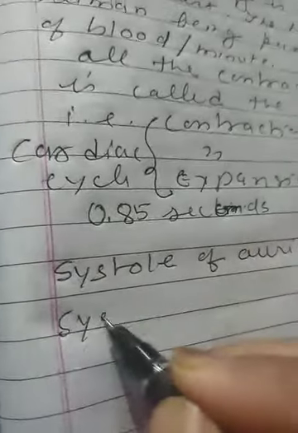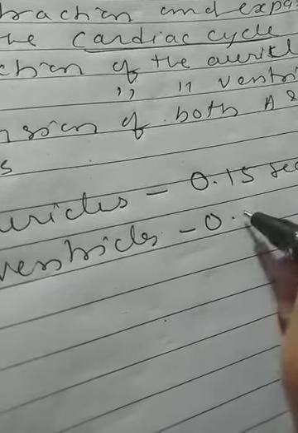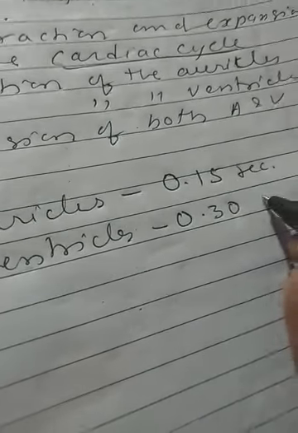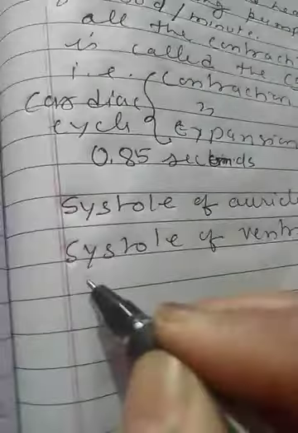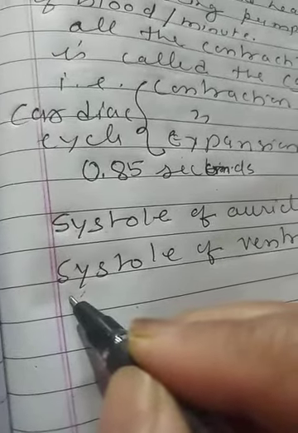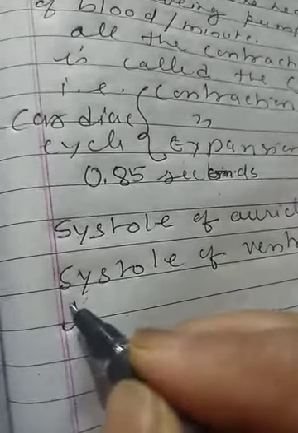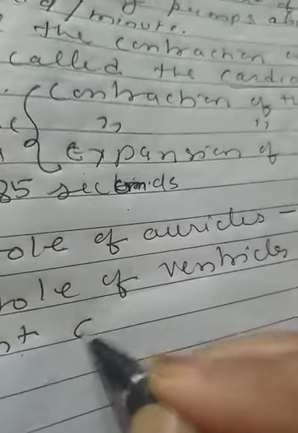Then systole of ventricles, that is 0.30 seconds. And joint diastole.